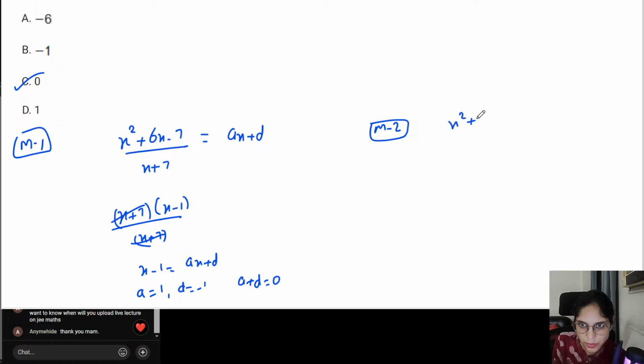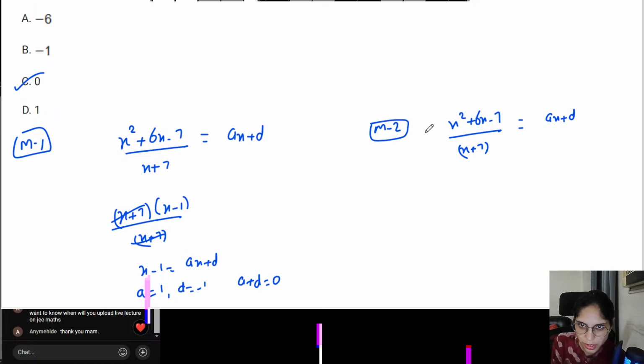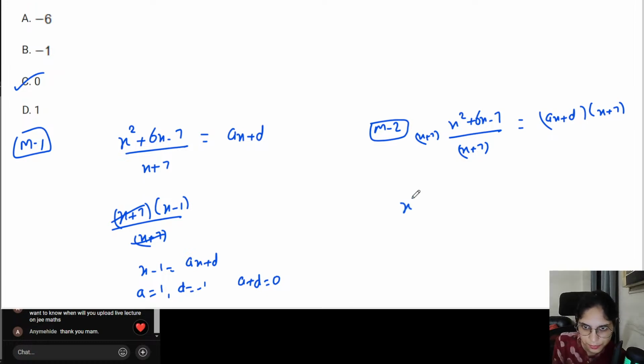Method 2 is you write x squared plus 6x minus 7. I prefer method 1, but you multiply with x plus 7 on both sides. FOIL: ax squared plus 7ax plus dx plus d7.